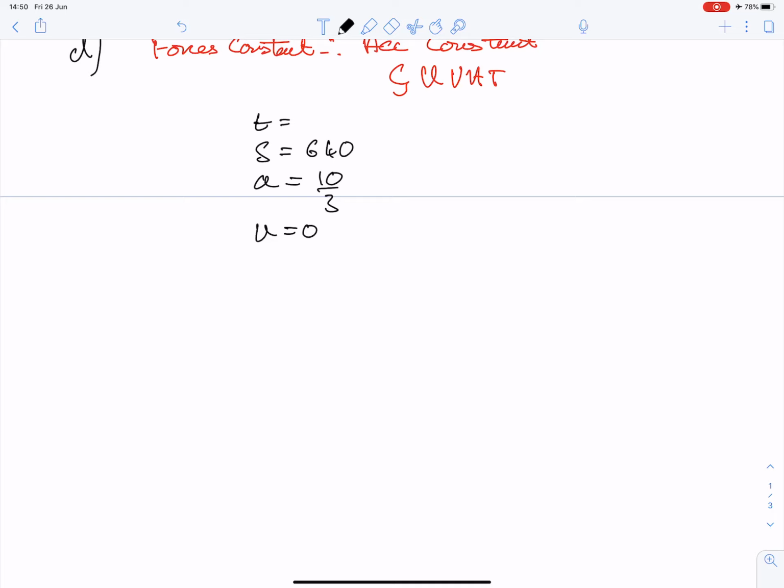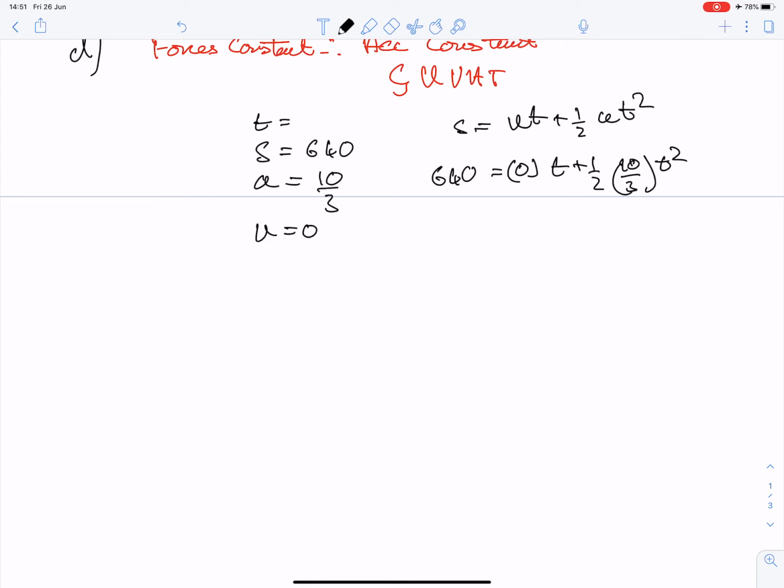Okay, now hopefully you look at t, s, a and u and you think of using s equals ut plus a half at squared. So 640 is equal to 0 times t plus a half a, which is 10 over 3 lots of t squared.